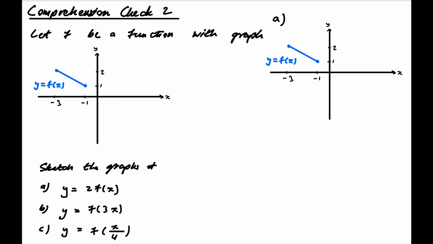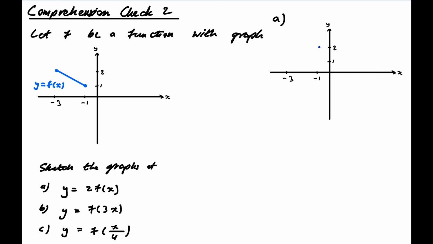So multiplying by 2, that's going to stretch out vertically from the x-axis by a factor 2. So what would that do? Well, everything would be the same horizontally, but vertically it would get stretched out. So the 1 position, or the -1 position, would move up from 1 to 2.